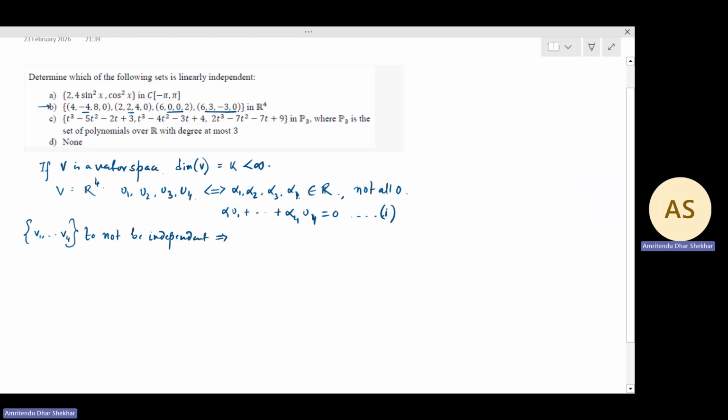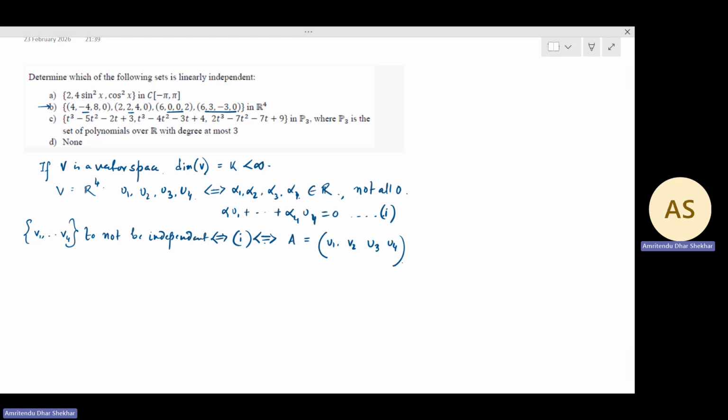So that basically implies this condition one, which I wrote over here. And it's not just implies, it's actually equivalent. So this is equivalent to saying that if I construct a matrix A whose columns are V1, V2, V3, and V4, these are the columns of my matrix.